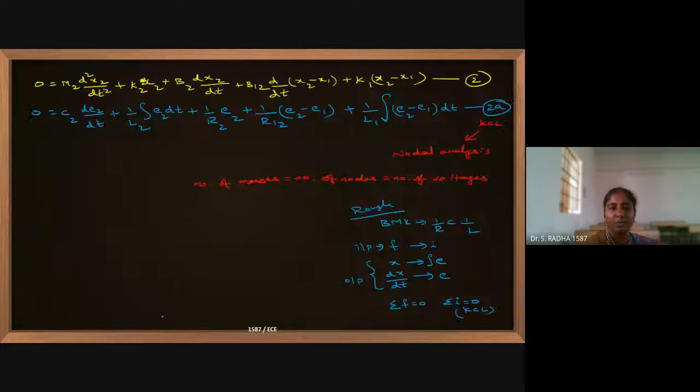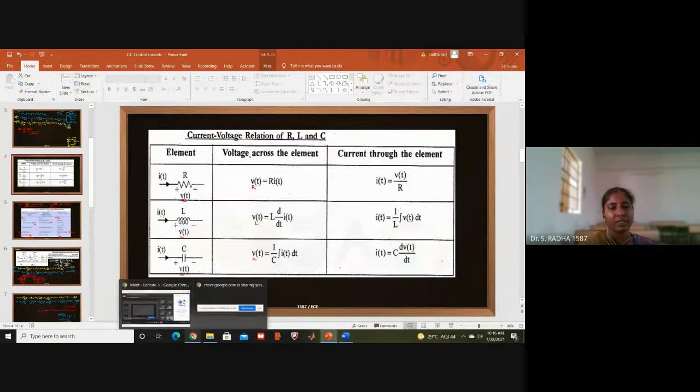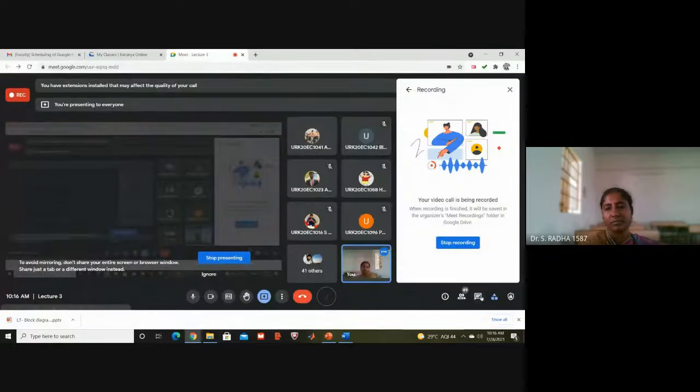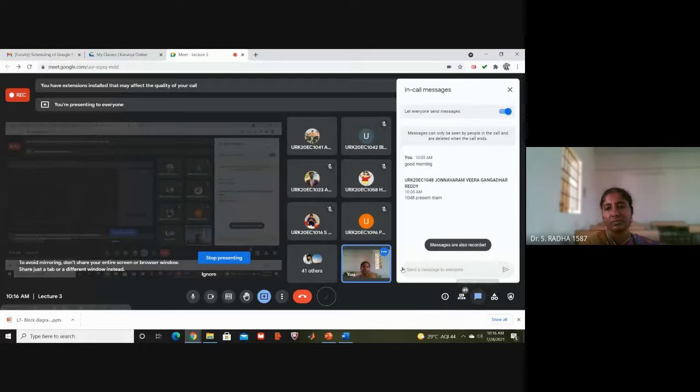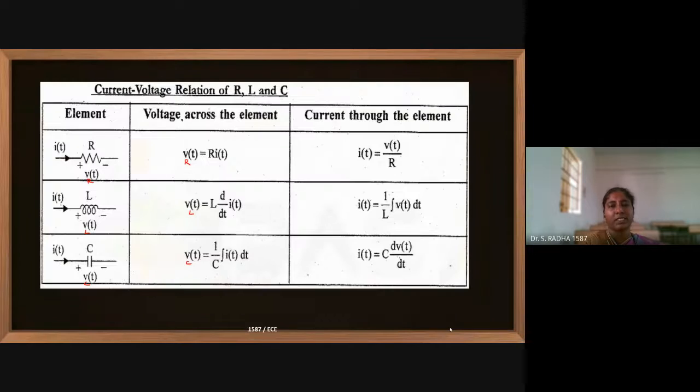Now if you see, I have the voltages and currents. This is the equation, and these are the relevant voltages and currents in the case of inductor and capacitor.